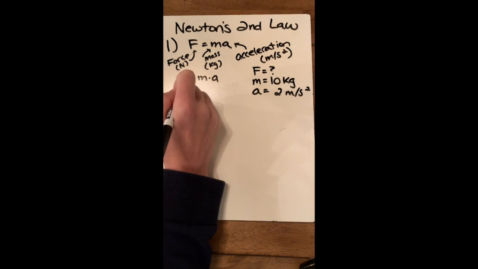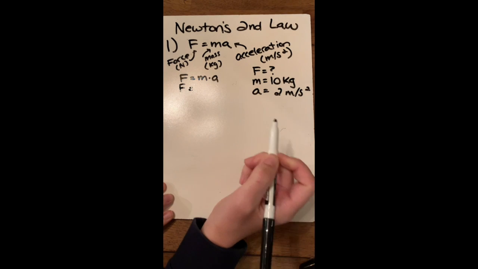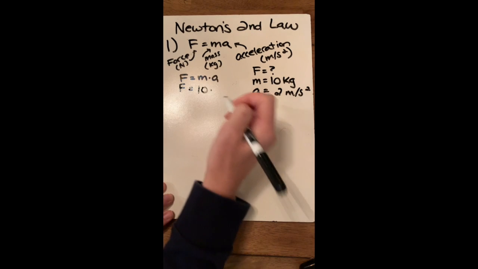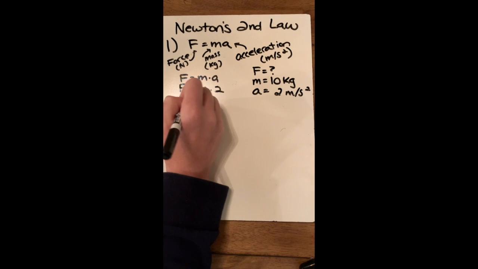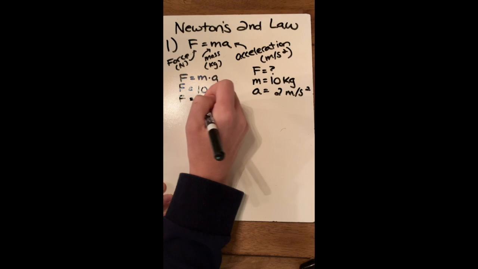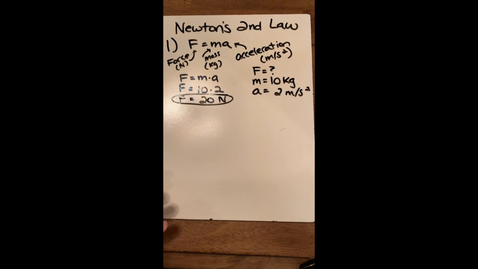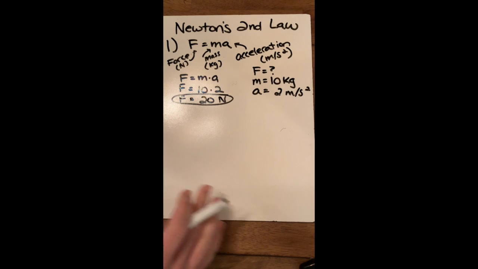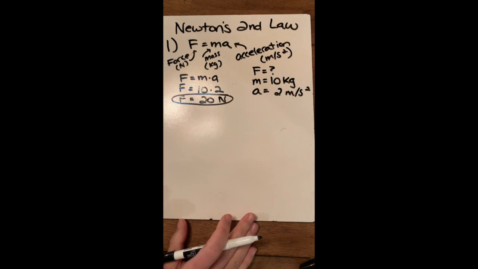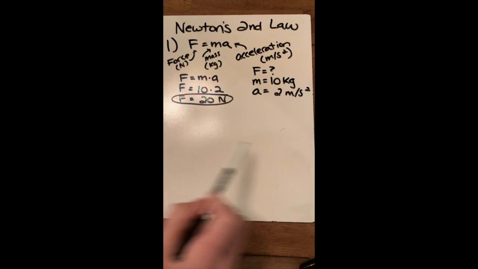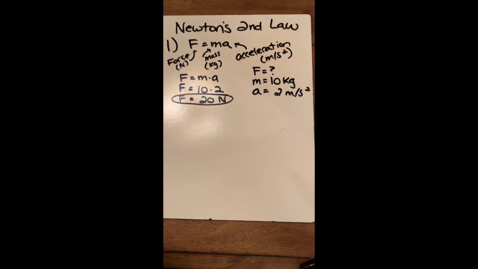I don't know what the force is, so I just write F. The mass is 10, so 10 times the acceleration, 2. The force is 20 newtons. That's my answer. I kept the numbers pretty easy, and you might do it in your head, but for the beginning when we're learning this, please write this out. So keep all of this in your notes.